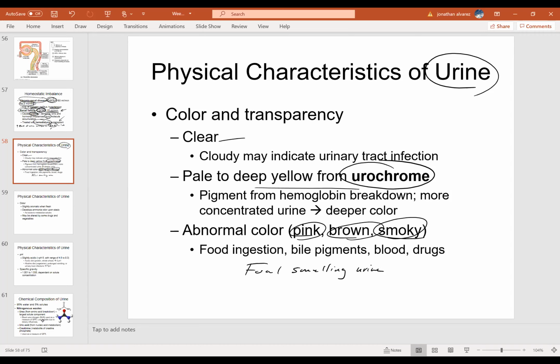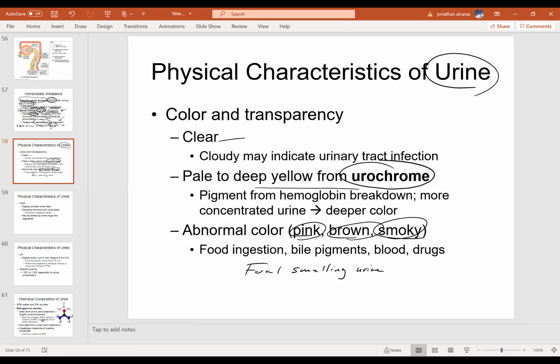Okay, now urine does have its own odor, but even with that, we'll just say normal urine odor, you can tell if it's foul smelling. I mean, it's pretty gross. Okay, so that is just an indication that there is likely an infection or something else going on.